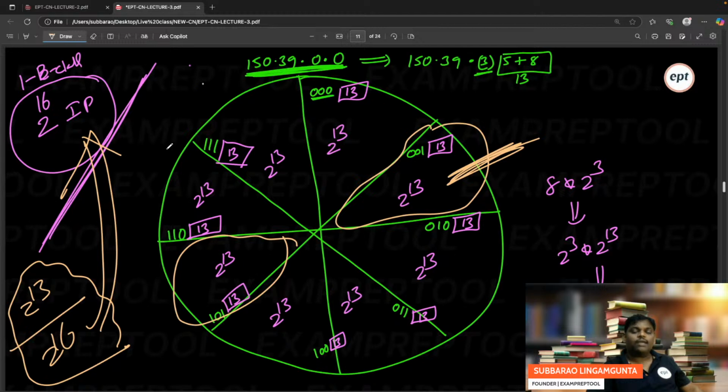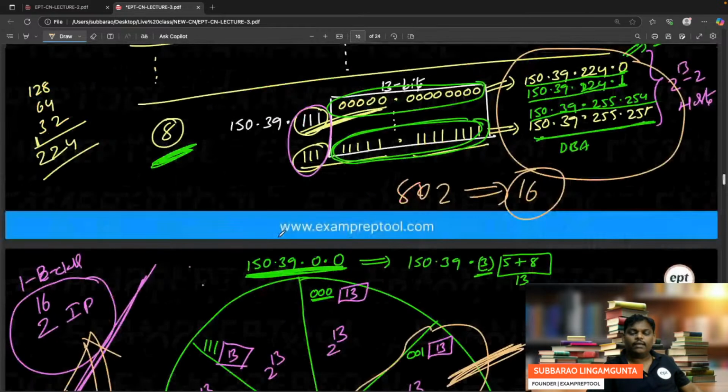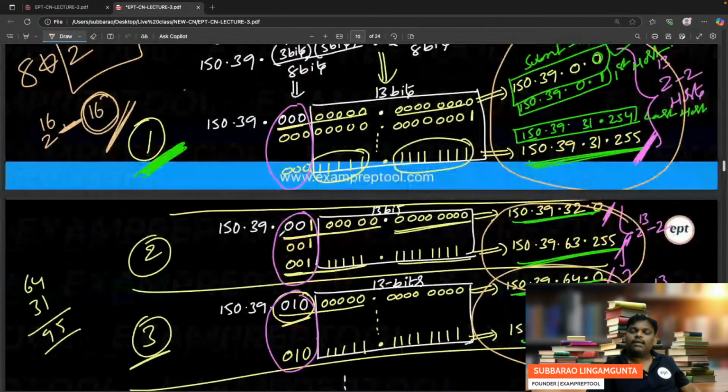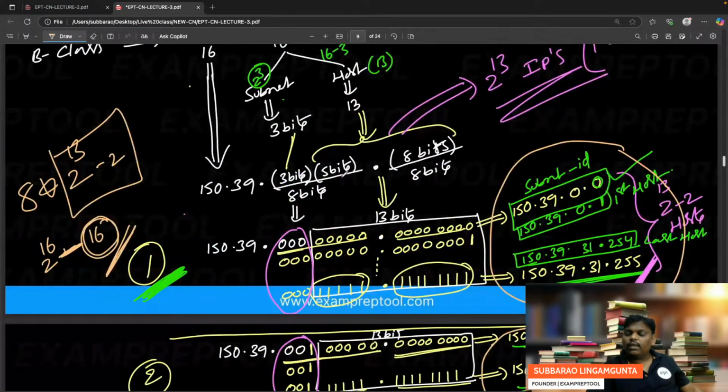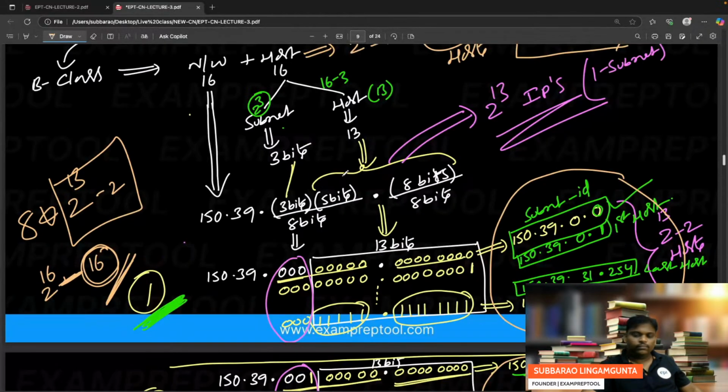I'm repeating once again, no subnetting there. How many IPs are you using for the host? This is after subnetting.